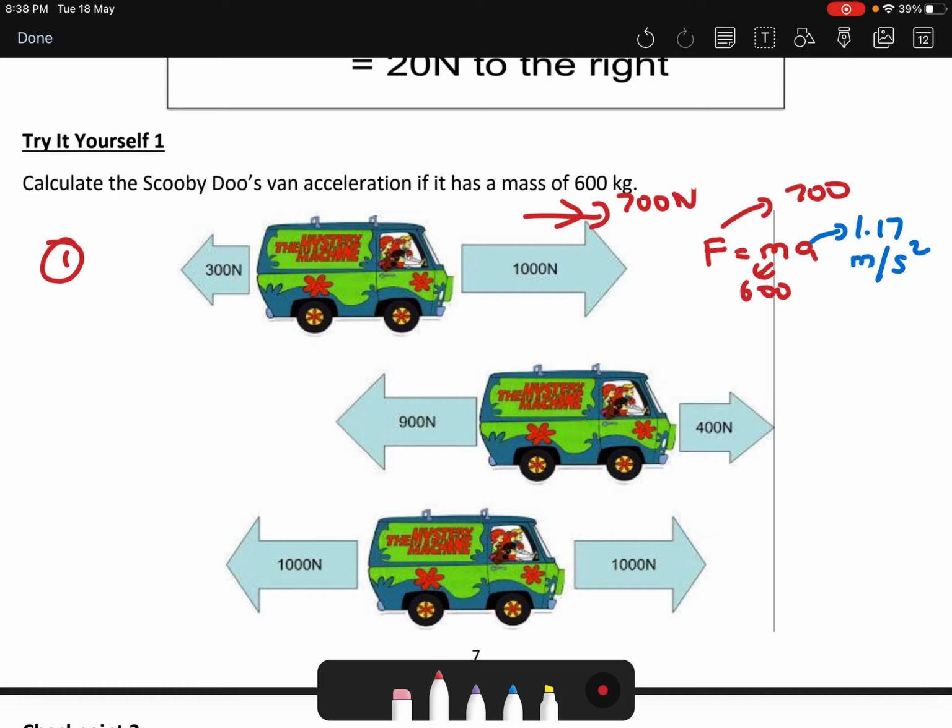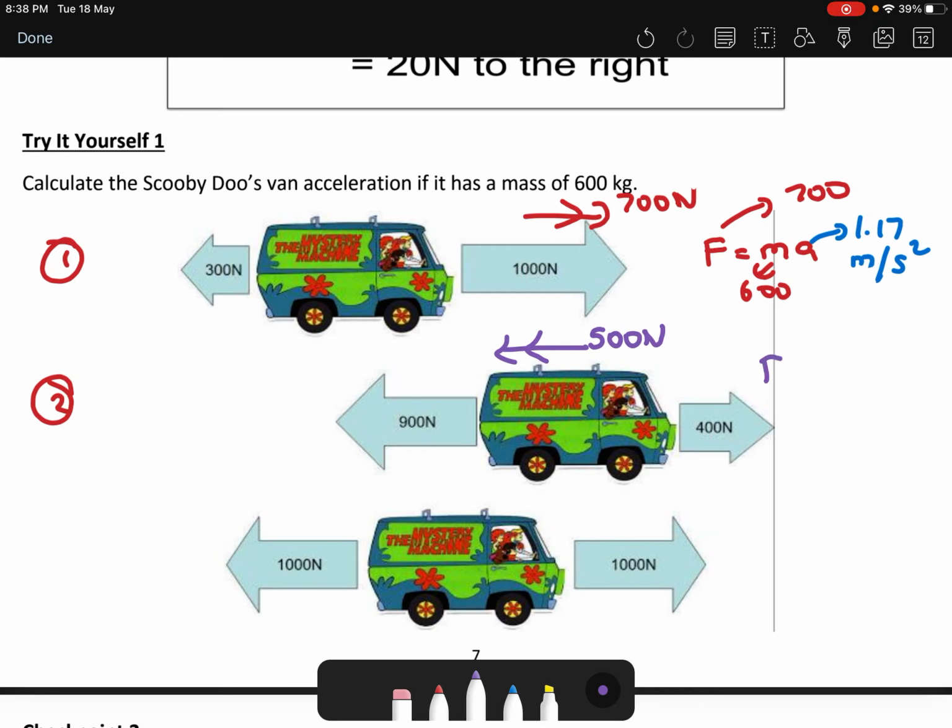Second, we have 900 Newton towards the left and 400 Newton towards the right hand side. So the resultant force is 500 Newton towards the left hand side.